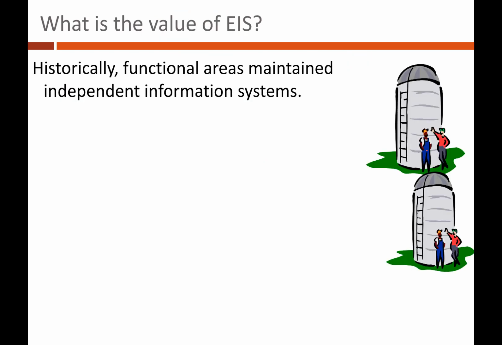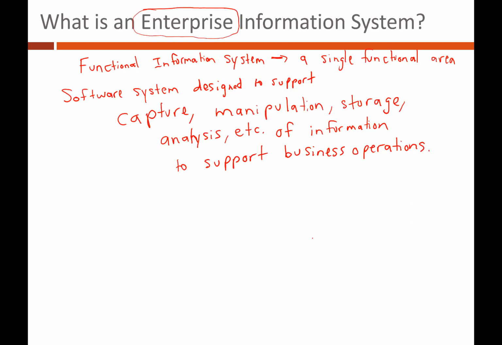So an enterprise information system is a software system designed to support the capture, manipulation, storage, analysis, etc. of information to support business processes.